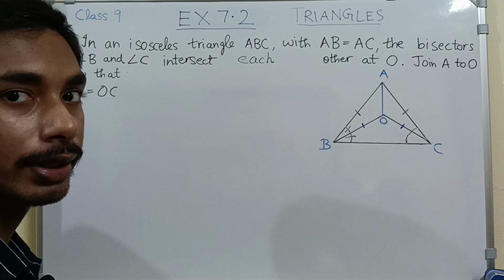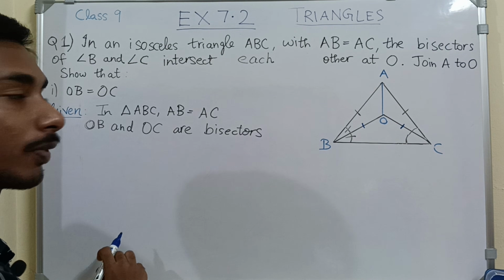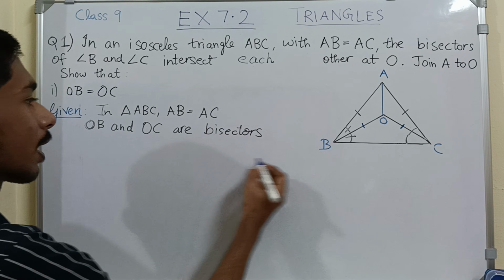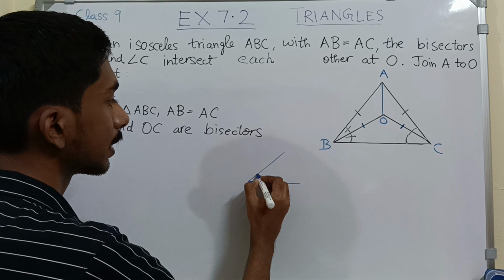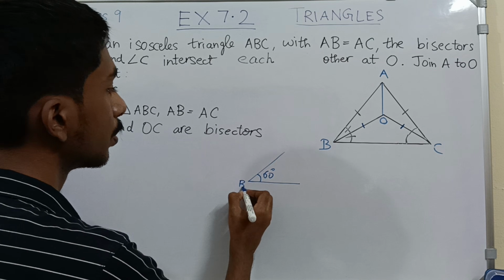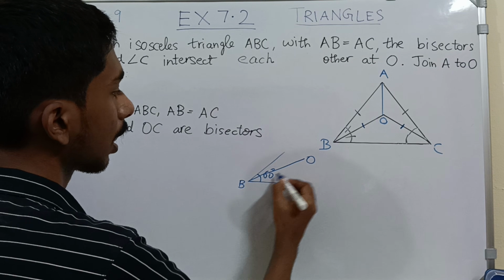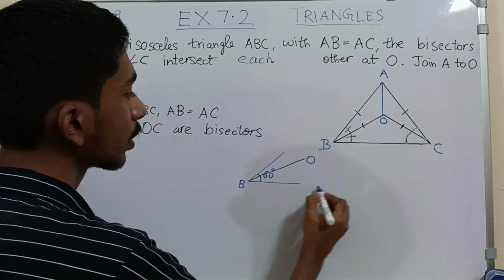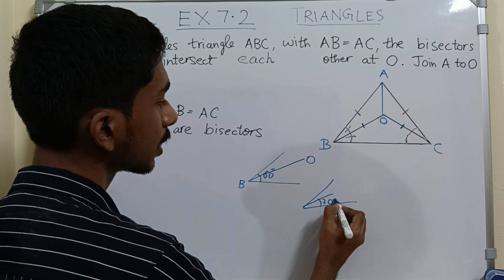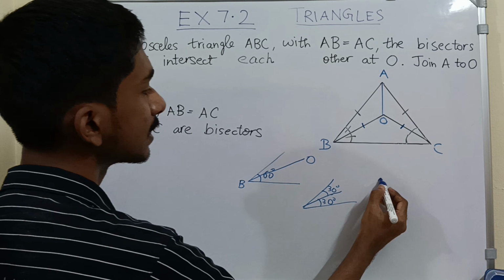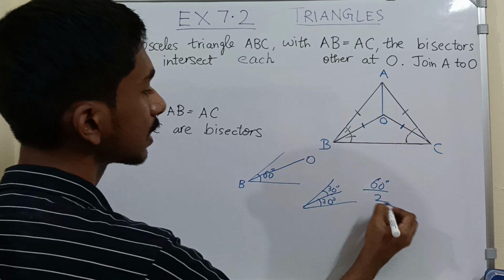So first you have to write the given information. Now we will look at this information more. OB and OC are bisectors. See, if I have an angle like this, it's 60 degrees. Let this be angle B. So one ray OB is coming and cutting this into two equal halves. So this will become 30 degrees and this will become 30 degrees, because 60 degrees divided by 2 is 30 degrees.